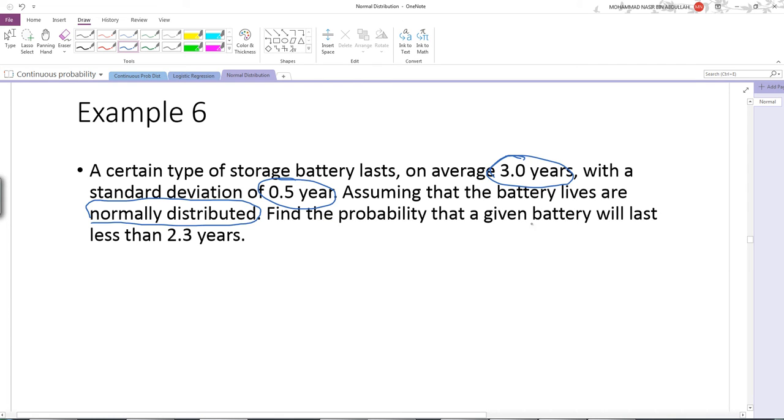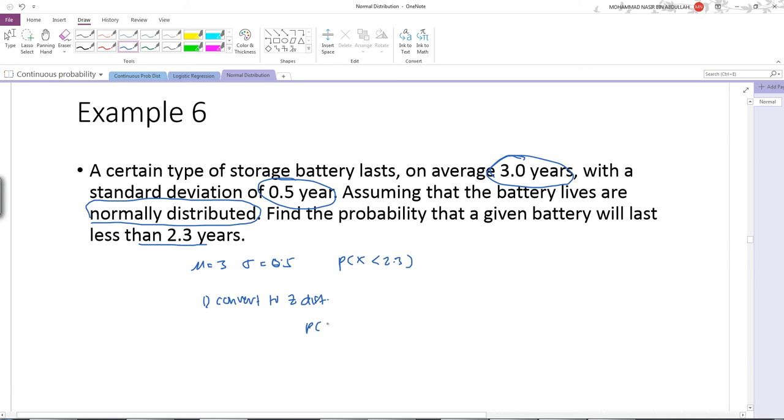So find the probability that the given battery will last less than 2.3. So mu is equal to 3 and sigma is equal to 0.5. And we want to find the probability of x less than 2.3. Very simple. So the first step is we need to convert to the z distribution.